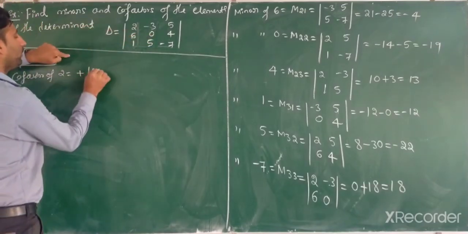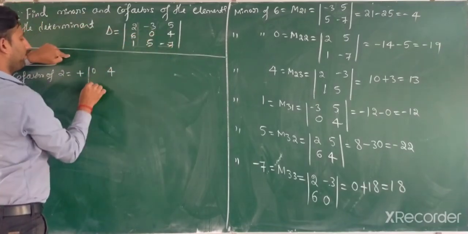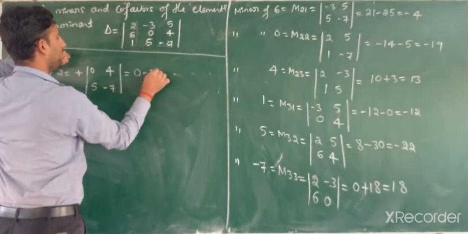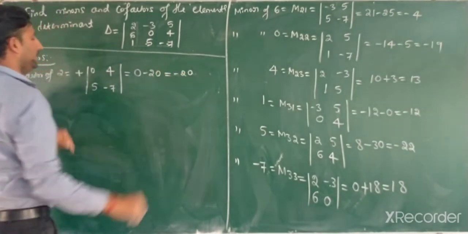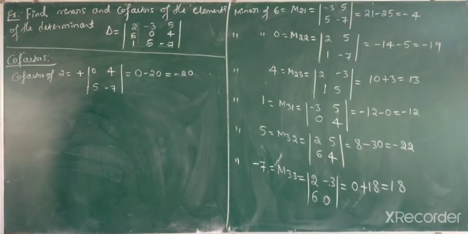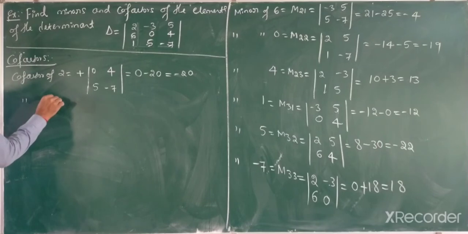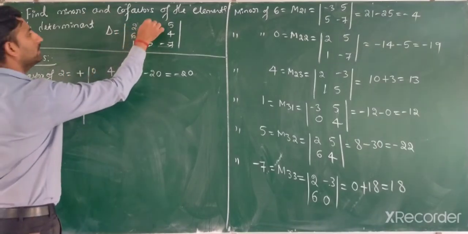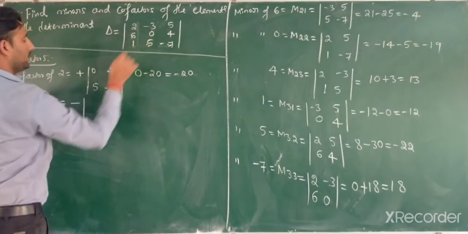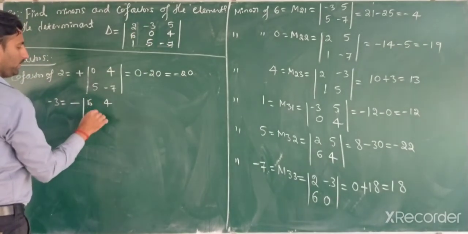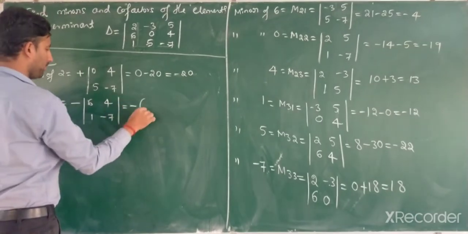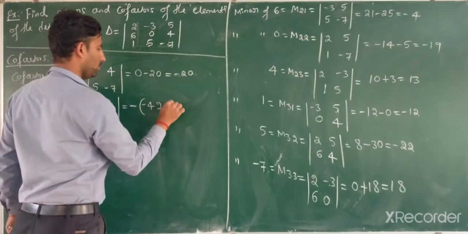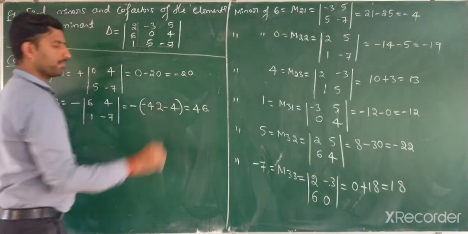What is it? 0 4, 5 minus 7, which is equal to 0 minus 20, which is equal to minus 20. Cofactor of minus 3: plus minus, then what becomes this value? 6 4, 1 minus 7. Minus 7 into 6 becomes minus 42, minus 4, plus 46.